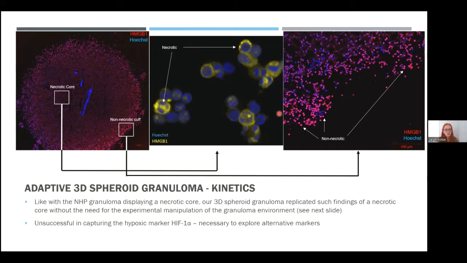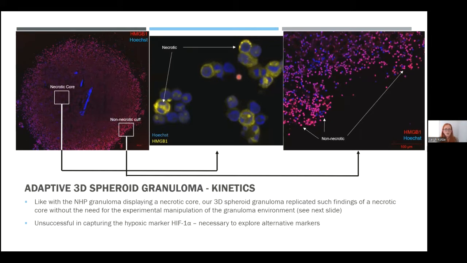And typically, the HMGB1 protein is constitutively expressed within the nucleus of the cell. And then upon hypoxic or stress conditions, the HMGB1 molecule translocates to the cytoplasm. And what we found with our granulomas that are affected with MTB, the core cells of the granulomas showed the cytoplasmic translocation of HMGB1, indicating that necrosis had indeed begun to occur.